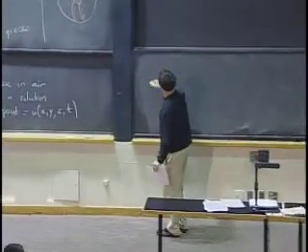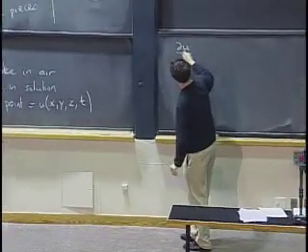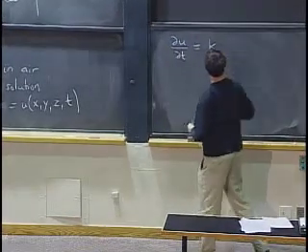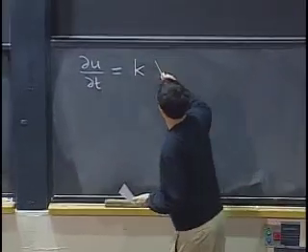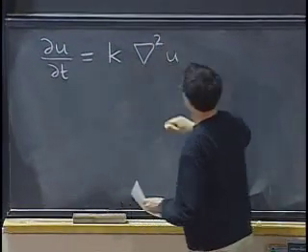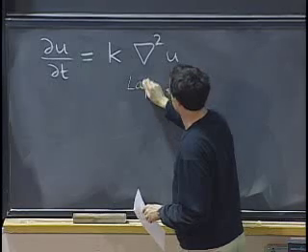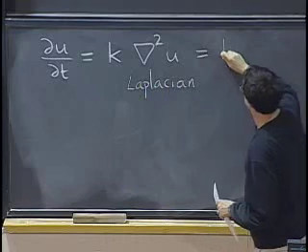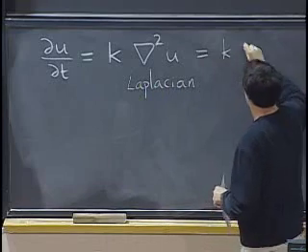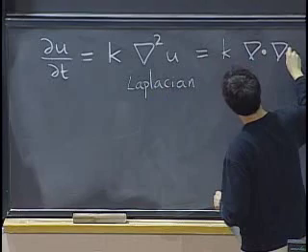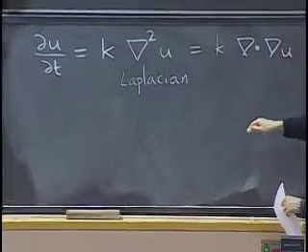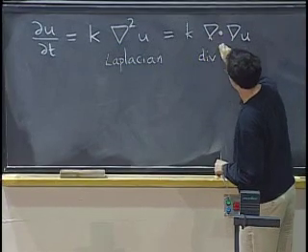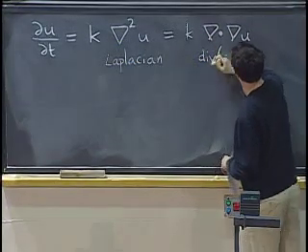So what's the equation? The equation is partial u, partial t equals some constant, let me call that constant k, times something I will call del squared u, which is also called the Laplacian of u. And what is that? Well, just to scare you, del squared is this, which means it's the divergence of gradient u.